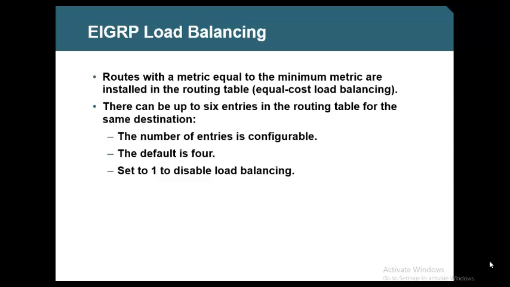I repeat, if there is equal metric to reach a destination via various paths, up to 4 paths will be seen in the routing table, and all the routes that are there in the routing table will be used always to do load sharing, packet forwarding.